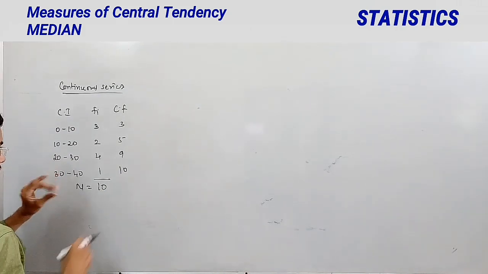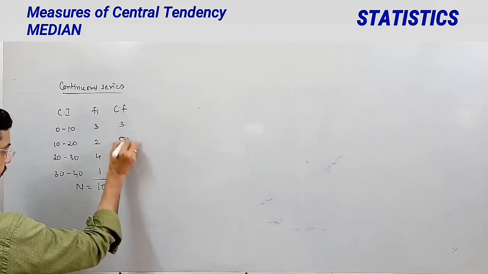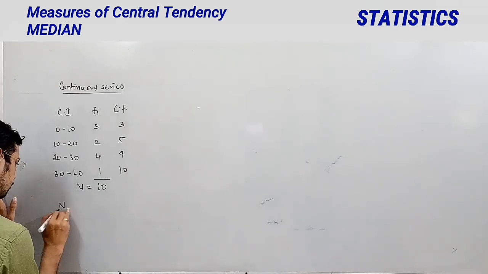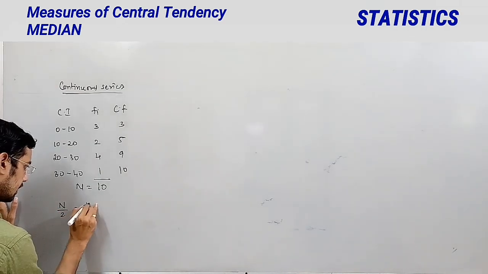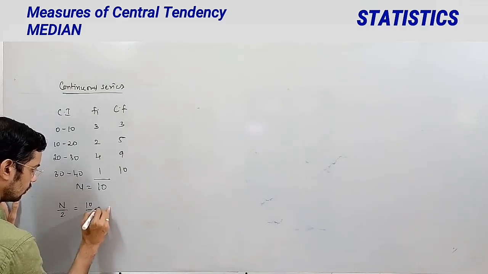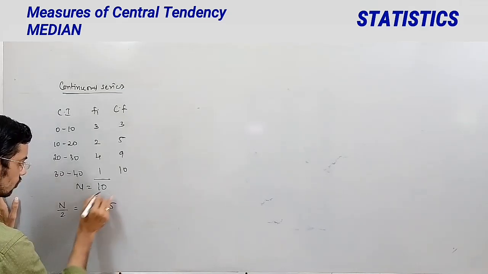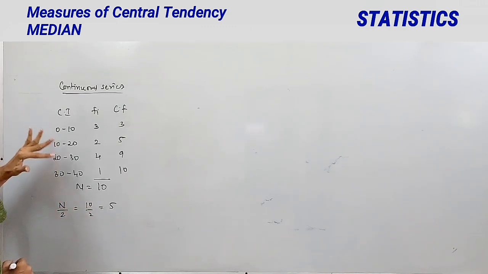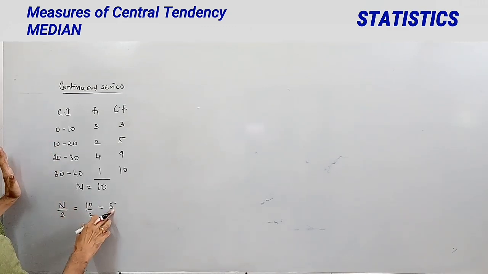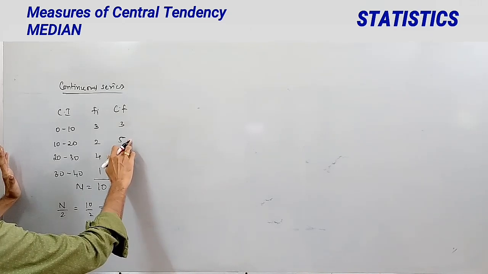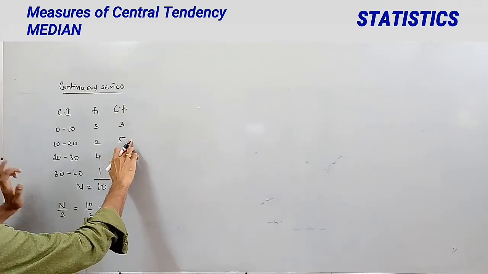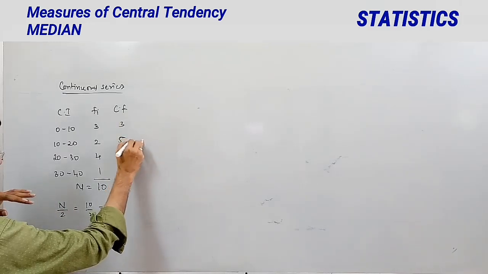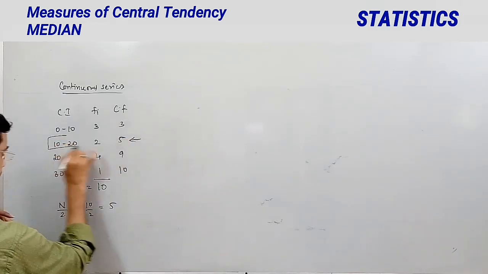Now let us find n by 2. n by 2 is 10 by 2, which is equal to 5. So where does 5 lie? n by 2 appears to be here. Either here or it should be greater than this value. It is this line, so this is the median class.